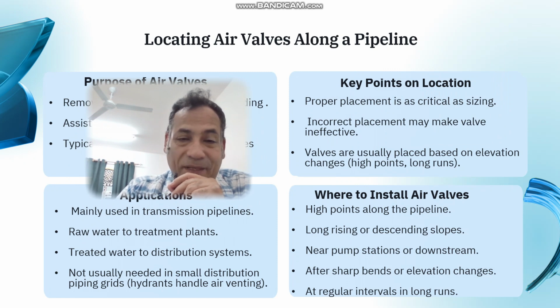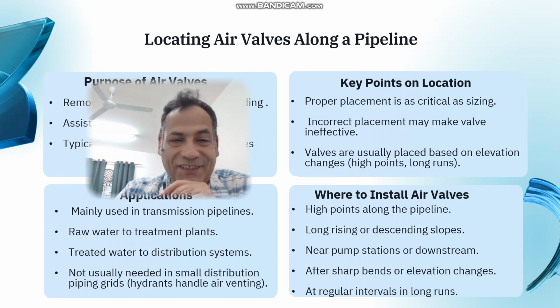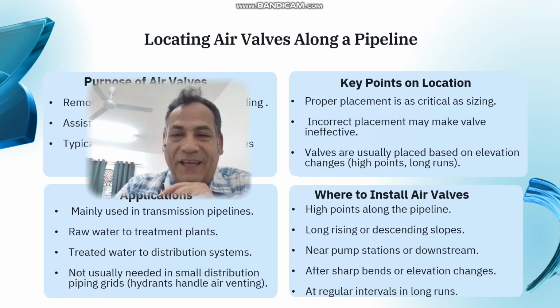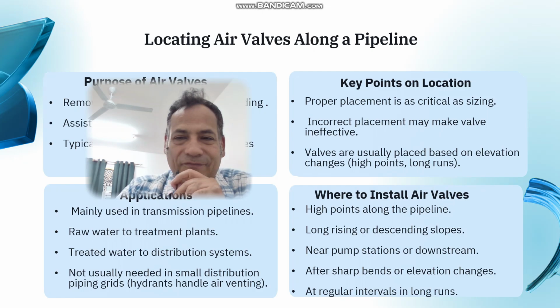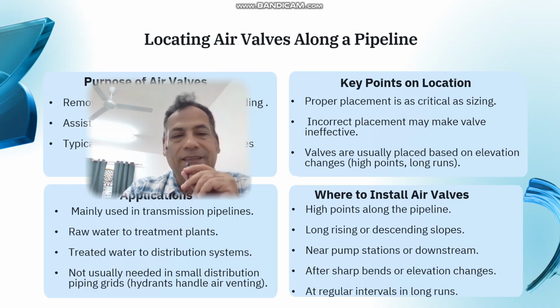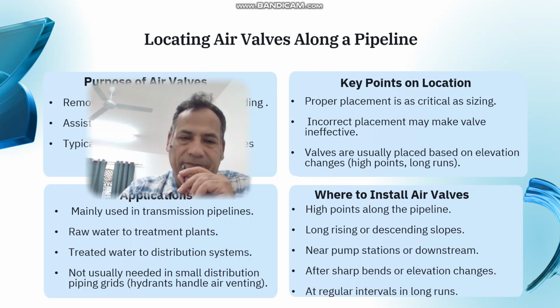And about where the best location is for installing this type of air valve. Here you can see, for this type of valve we need to find where the highest point of our pipeline is.